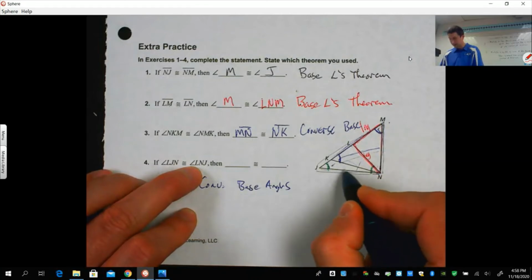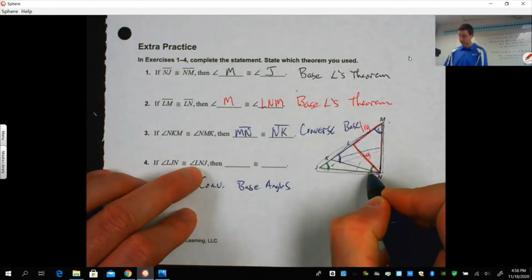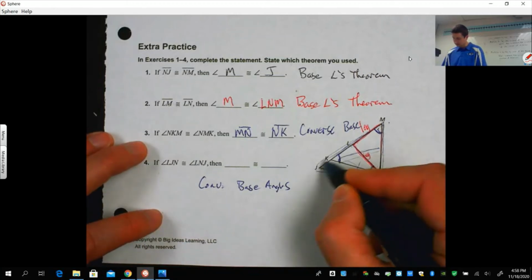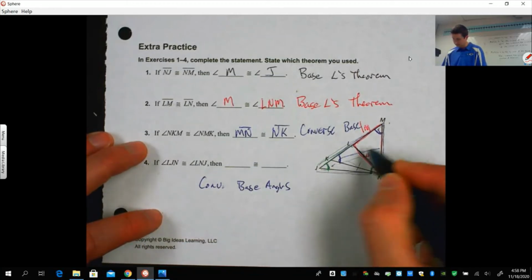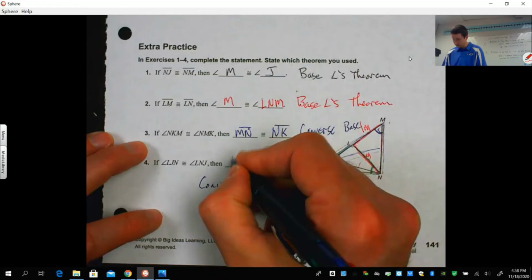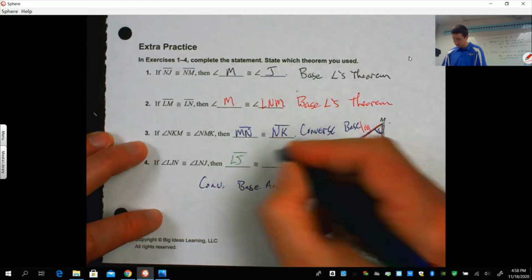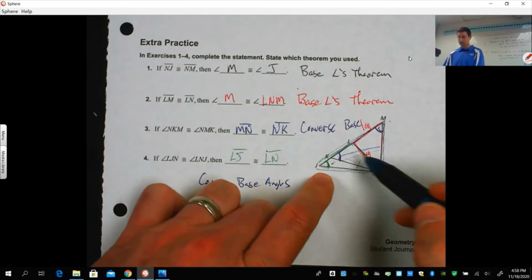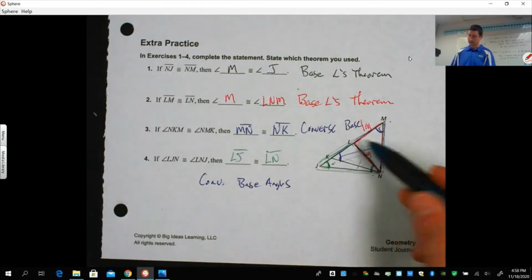So that makes this the base. The base connects to the two base angles. That makes these the legs. So it'd be LJ and LN. Okay, the base connects the two base angles. The other two sides form the vertex angle, and they are the legs.